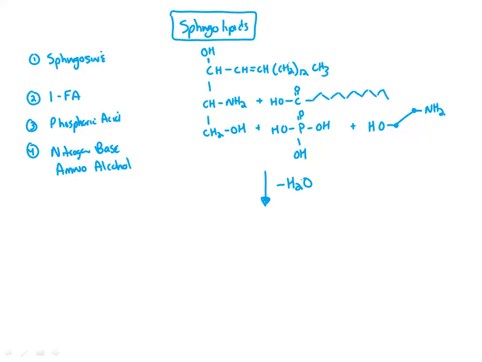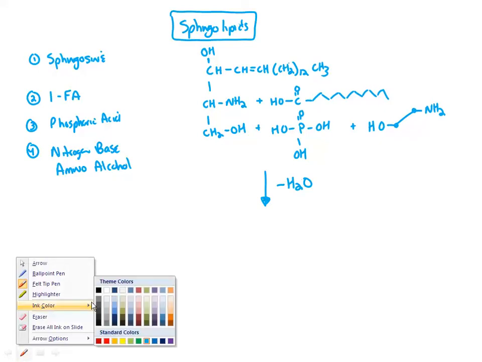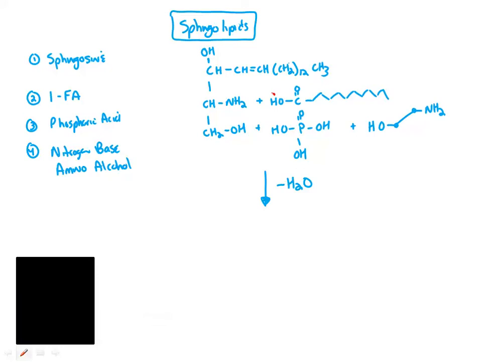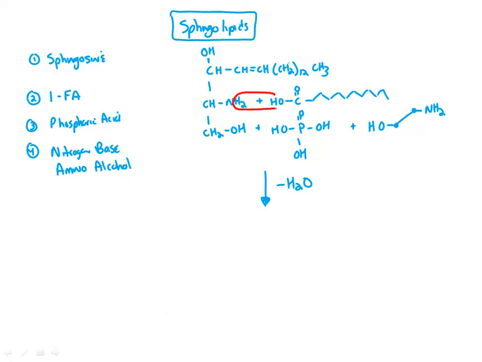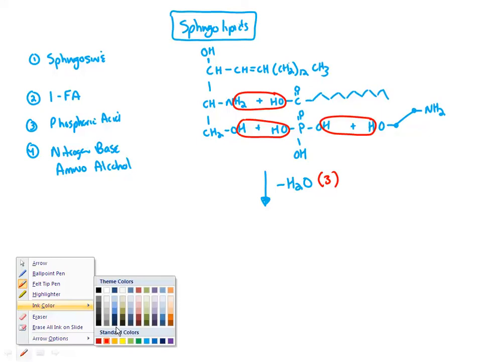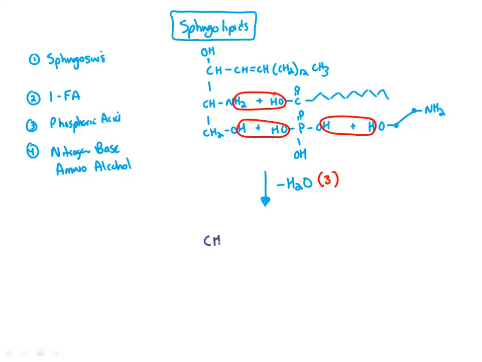And so in this case, when we're taking our waters out of it, we actually have to take a hydrogen from our amine group, and we take an OH there, and we take an OH there just like we did. So we're really removing 3 waters from this molecule. And then when we draw our molecule, it's annoying because it's tedious to have to draw the sphingosine part.